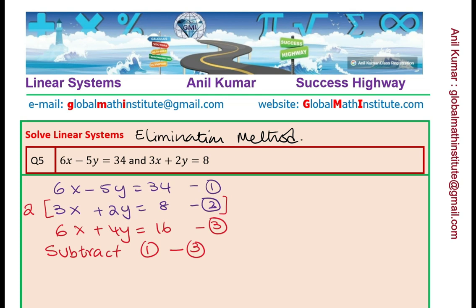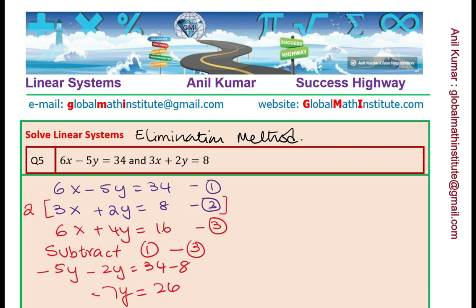The x values cancel, right? And we get minus 5y minus 2y equals 34 minus 8. Does it make sense to you? And that is minus 7y equals, so when you take away, you get 26. So 14 take away 8 will be 6, and so you get 26.